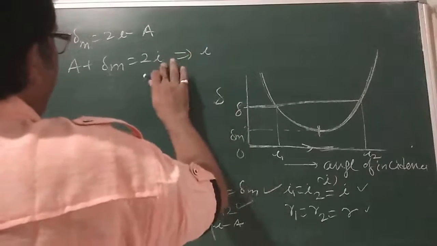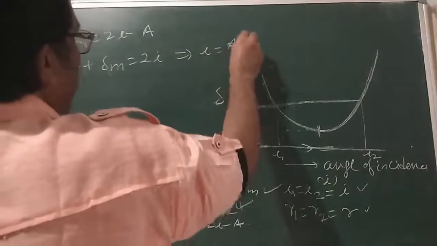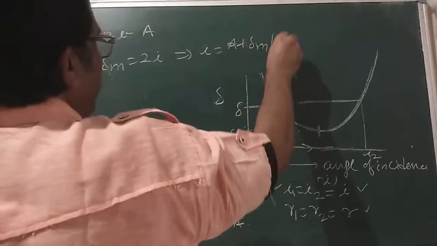So I is equal to A plus delta M by 2 here.